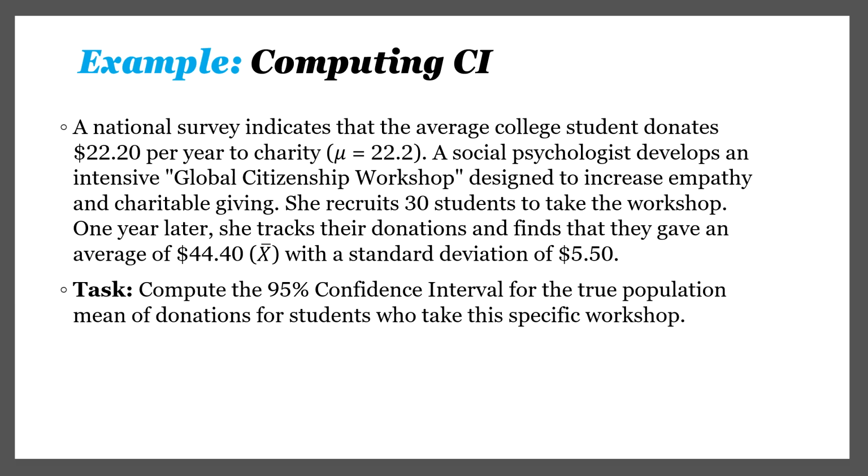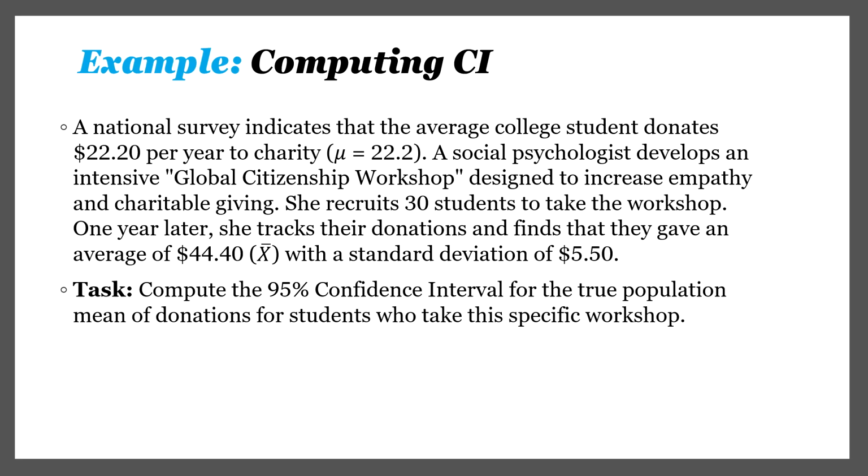Okay, so let's consider the following scenario, and we'll do an example of how to compute confidence intervals. A national survey indicates that the average college student donates $22.20 per year to charity. A social psychologist develops an intensive global citizenship workshop designed to increase empathy and charitable giving.